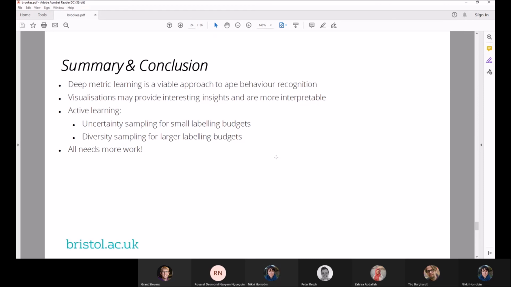Well, I suppose that's twofold. One, it's been shown to perform really well on image classification and human action recognition tasks. And the second criteria is this ability to visualize things, to view the metric space that's being built. And I suppose the long-term goal for the project is to build something that will be useful for the scientific community outside of machine learning and AI, so people in conservation biology.